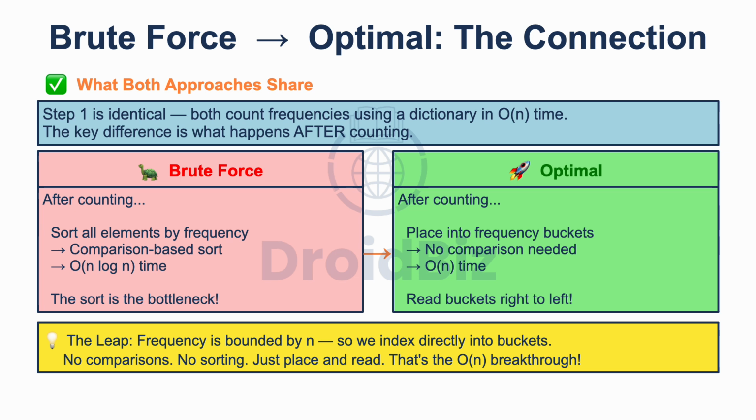Then we simply read the buckets from right to left to collect our k most frequent elements. This is the leap. Instead of asking which element is more frequent, through comparisons, we ask, what frequency does this element have? And place it directly. The frequency itself becomes the index. That single insight is what transforms an O of n log n solution into an O of n solution.